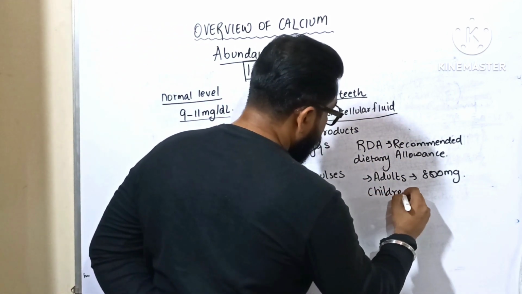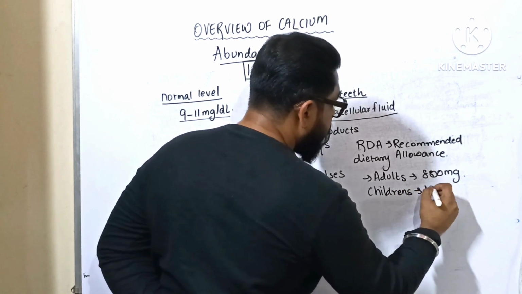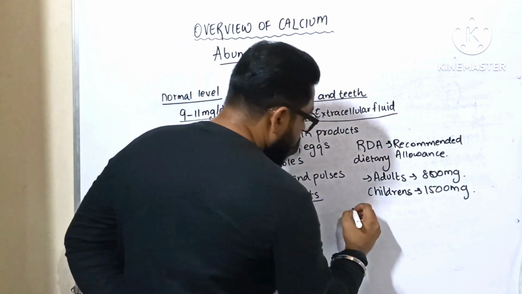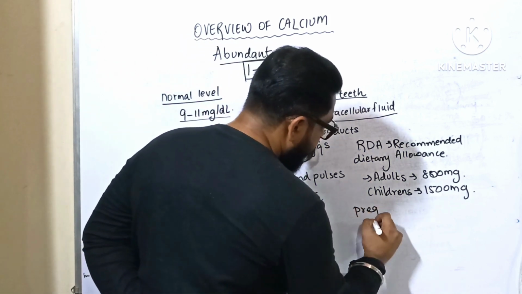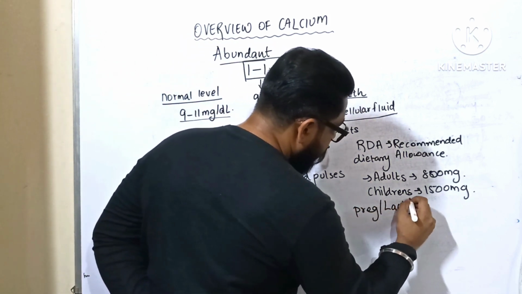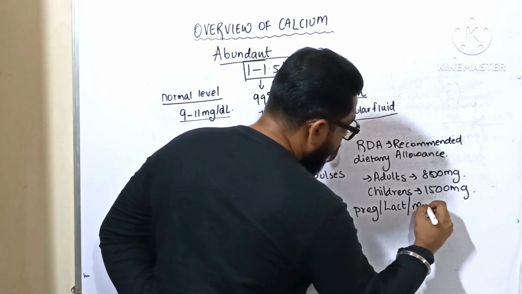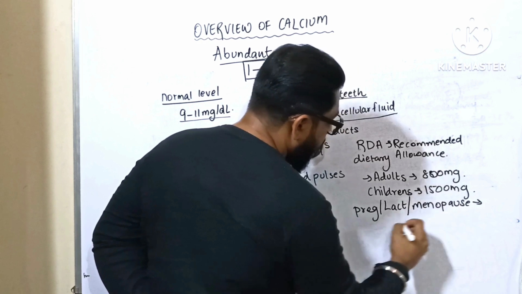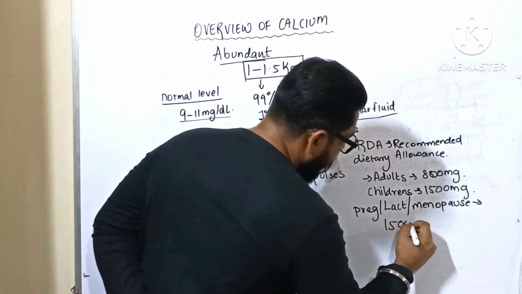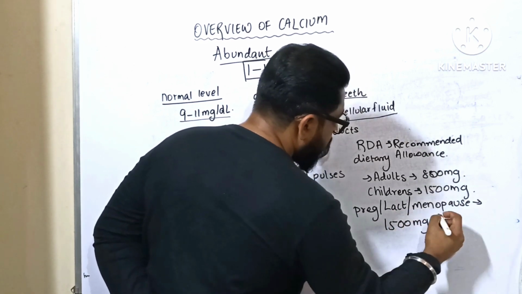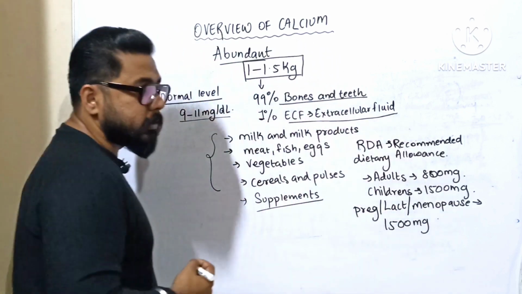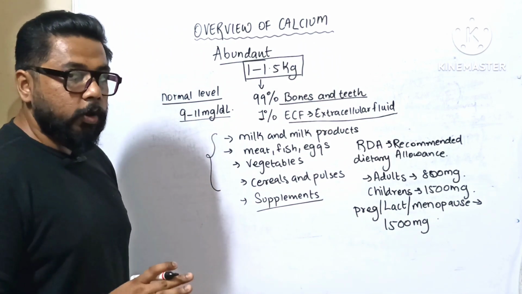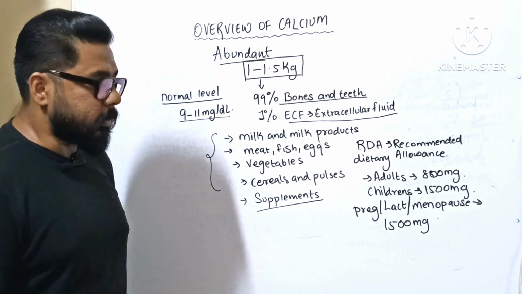In children, you require around 1500 mg of calcium, and women who are pregnant, lactating, or in menopause require around 1500 mg of calcium every day. So this is the recommended dietary allowance that your body requires on an everyday basis.